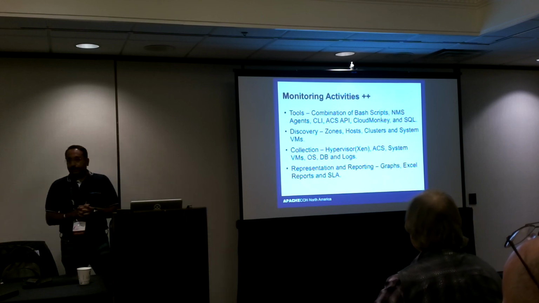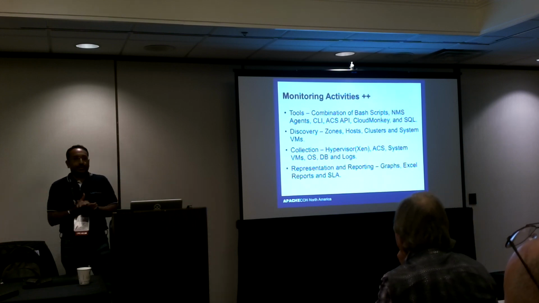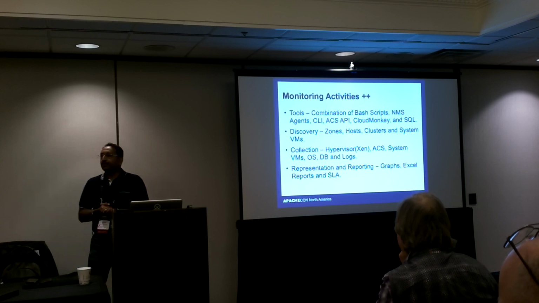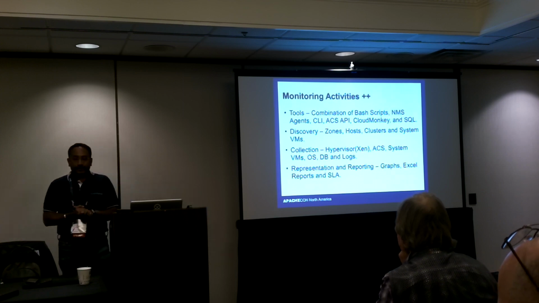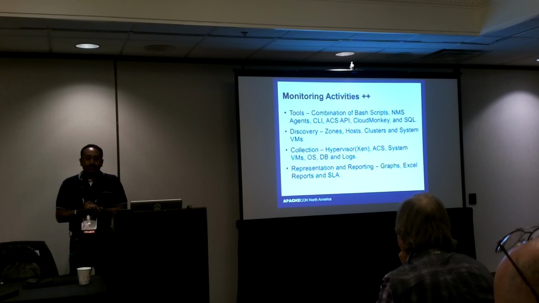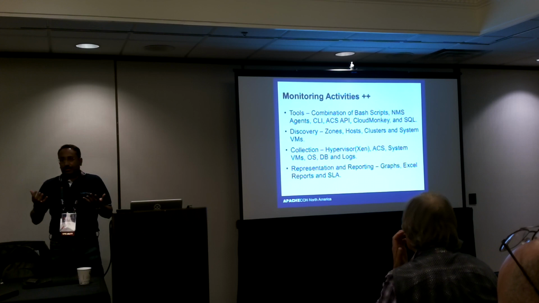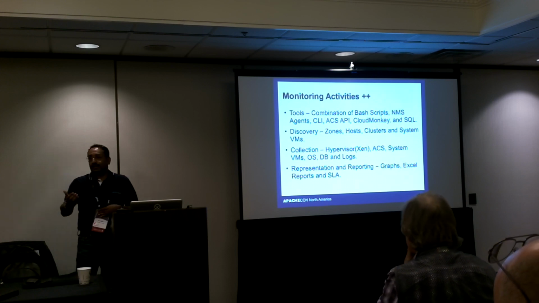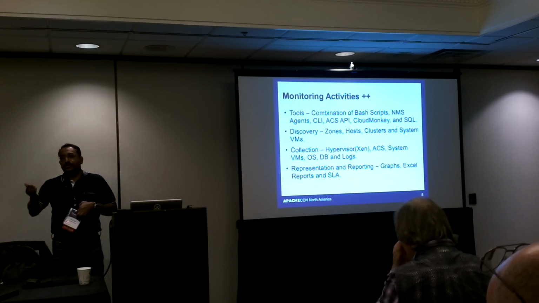From a discovery perspective, most monitoring software will allow you to have auto discovery. Things like zones can be discovered by calling the API, getting a list of zones and seeing what is there.